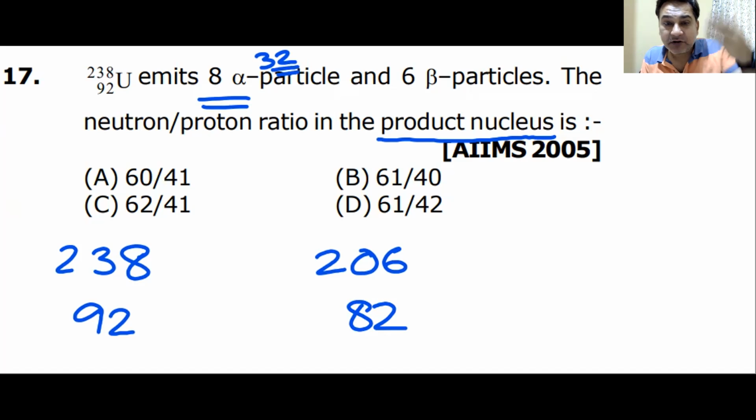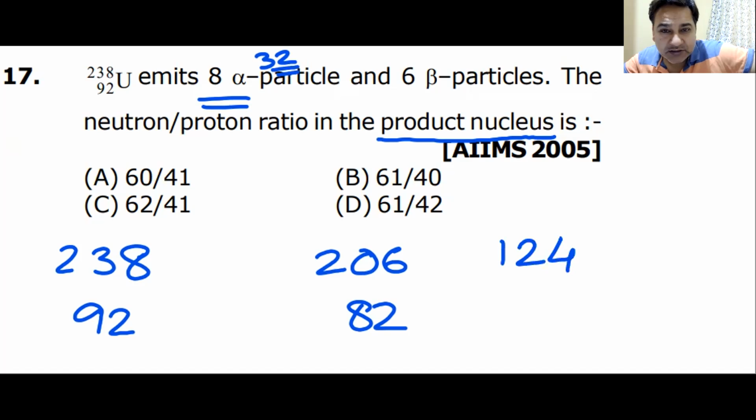Now you can find the number of neutrons. How many number of neutrons are there? 206 minus 82. What is that number? 124.